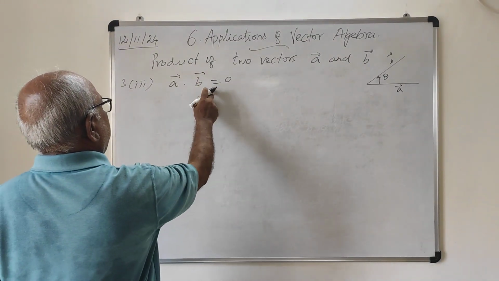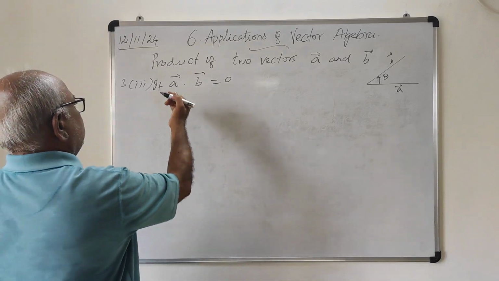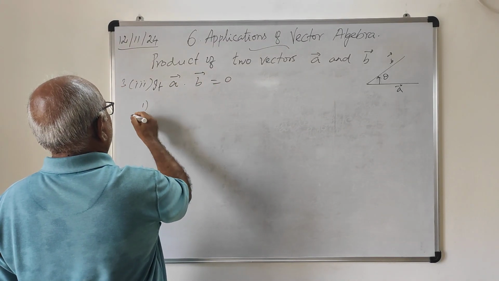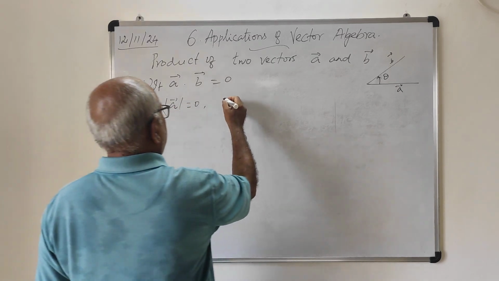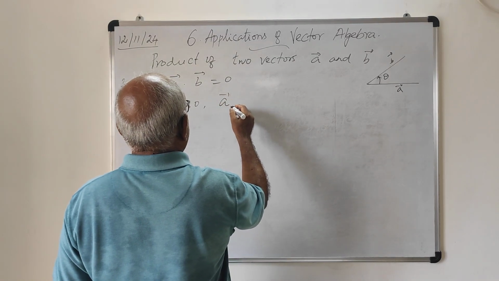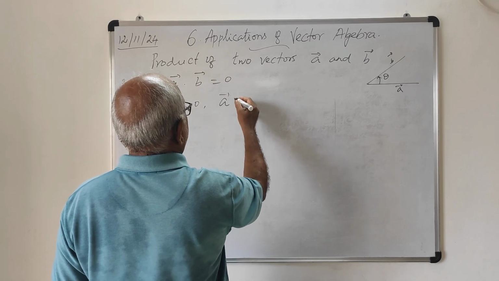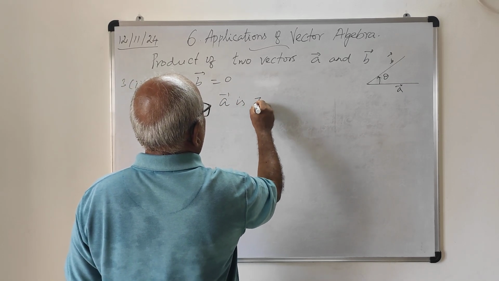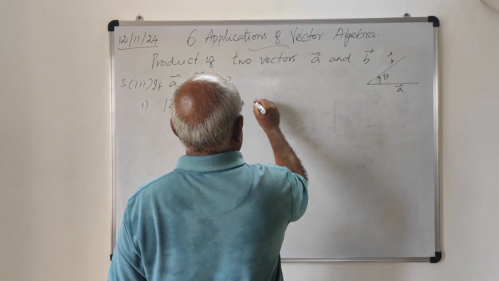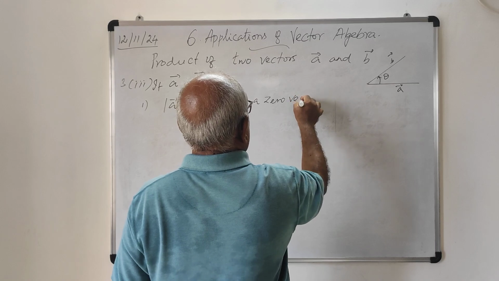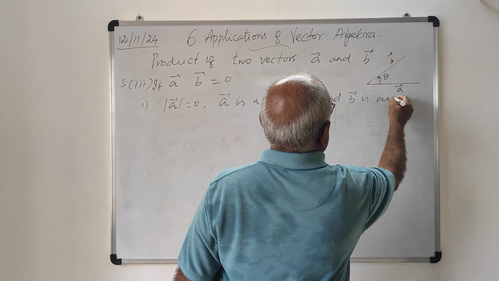If A dot B equals 0, the first one: mod A is 0, that means the A vector is a 0 vector and B is any vector.